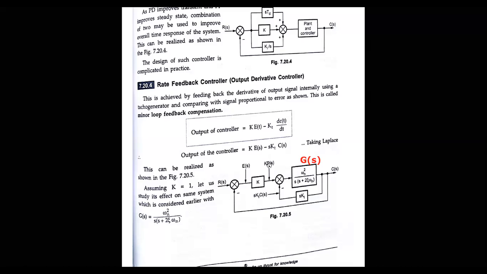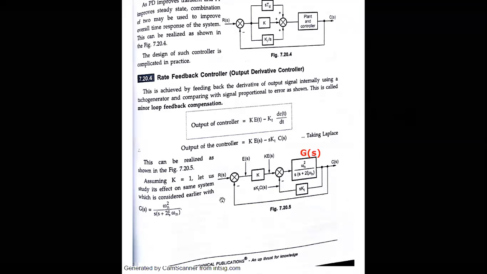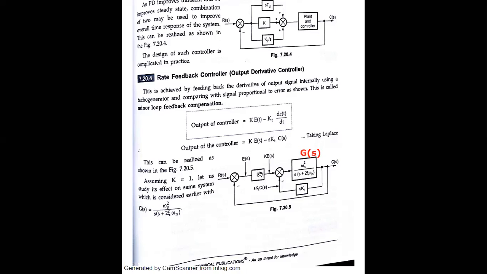Now similarly, based on that, you can simply find the overall transfer function of this particular block diagram, that is C of S divided by R of S. If you look at this block diagram, I can minimize it by applying some rules. This is one very small minor loop.